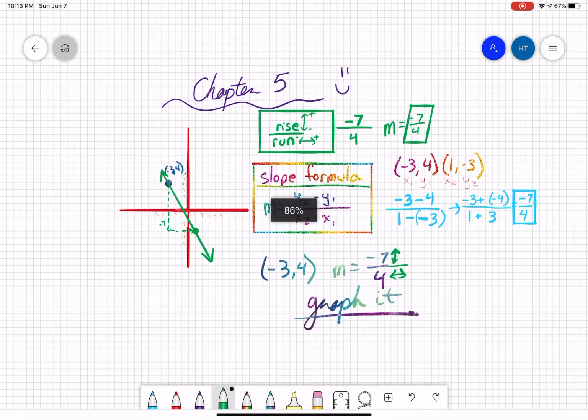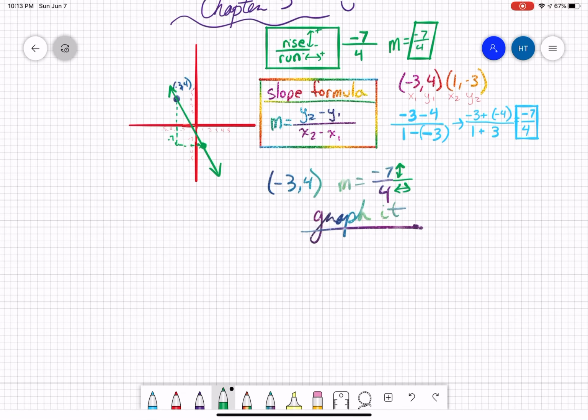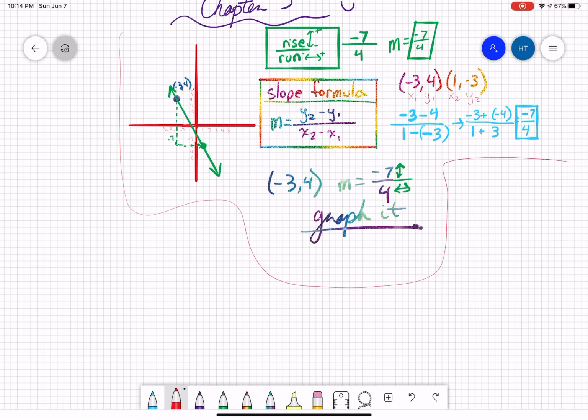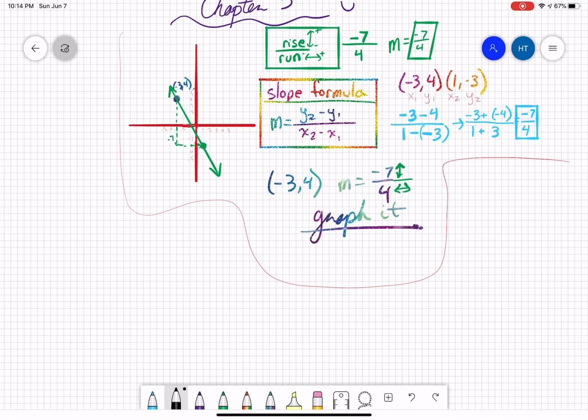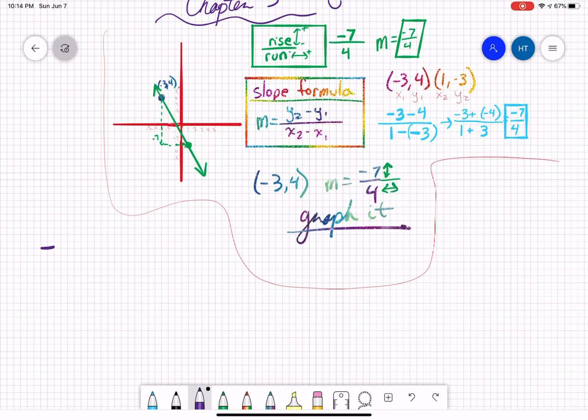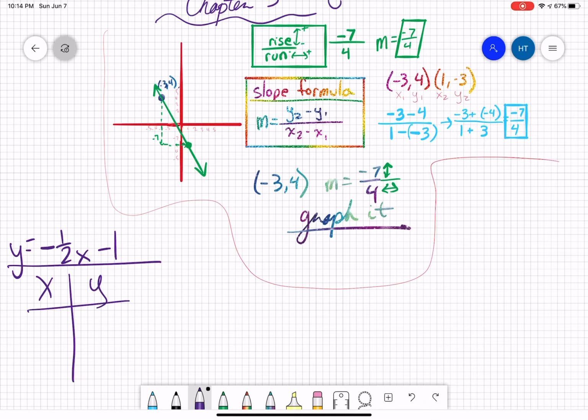Another concept was substitution. If you have an equation, let's say that equation is y equals -1/2 x minus 1. And it has a whole chart, and it's kind of like, hey, you're going to figure out if x was 3, what is y? And right, you have a whole bunch of numbers listed down here.